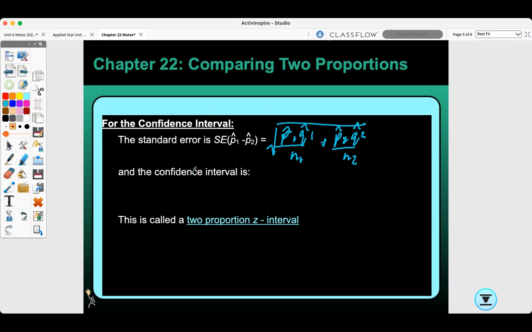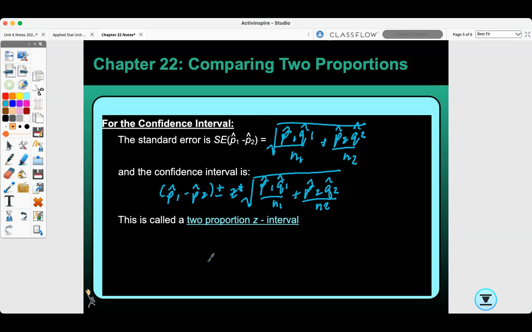And the confidence interval is P hat 1 minus P hat 2 plus or minus Z star times the square root of P hat 1, Q hat 1 all over N1 plus P hat 2, Q hat 2 all over N2. This is called the two proportion Z interval.